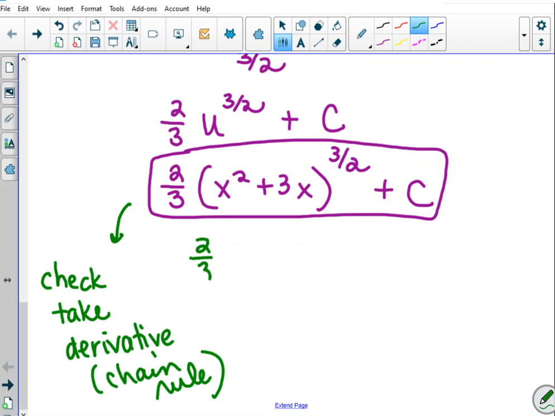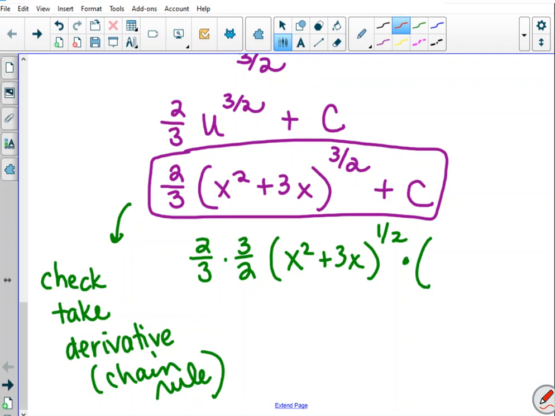So the derivative would be 2/3 times 3/2 times x squared plus 3x to the 1/2 times, chain rule says take the derivative of the inside, and then the derivative of the constant would be 0.